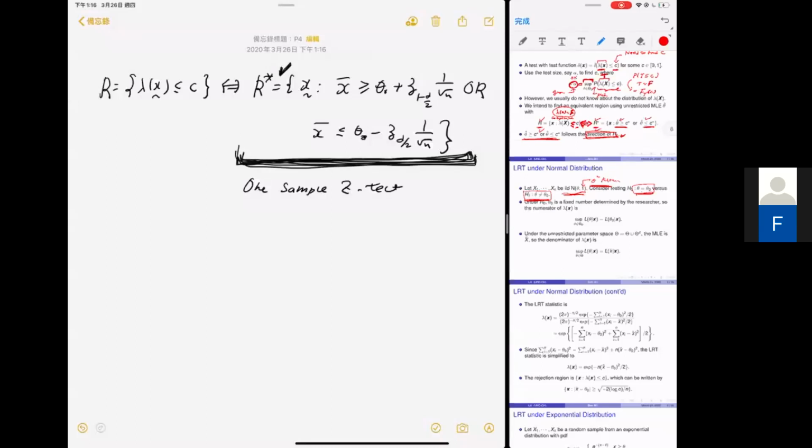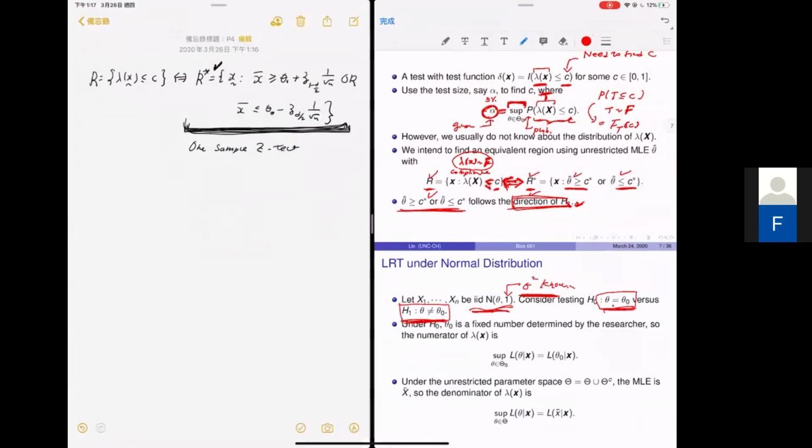You will see that a lot of tests are actually LRT tests. I can keep showing you if we have time, for example in midterm practice, where you might see other situations asking to derive the LRT, but it ends up being some common test we normally see. Sounds good? This is based on the example right here.